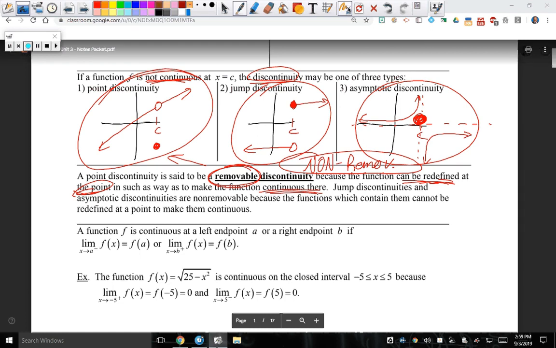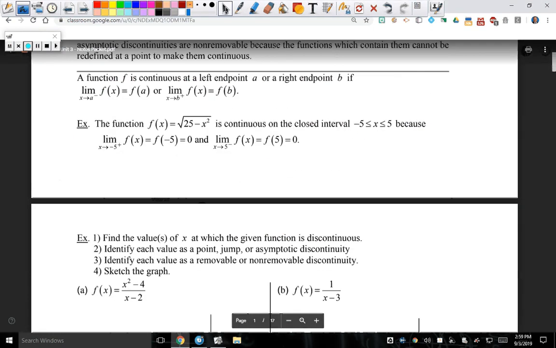Okay. A function f is continuous at a left endpoint or a right endpoint. And there was a phenomenal question that I had earlier today during second period. Let's see if you can find the same question. I think you can. This right here is basically rule 3 of continuity.